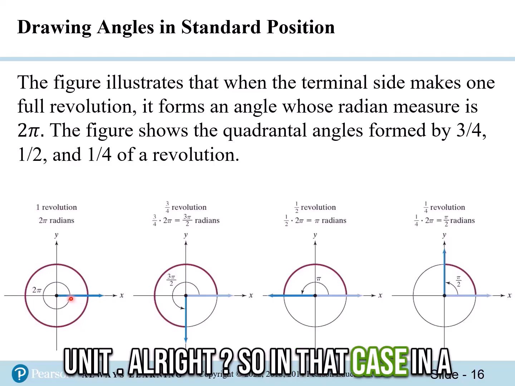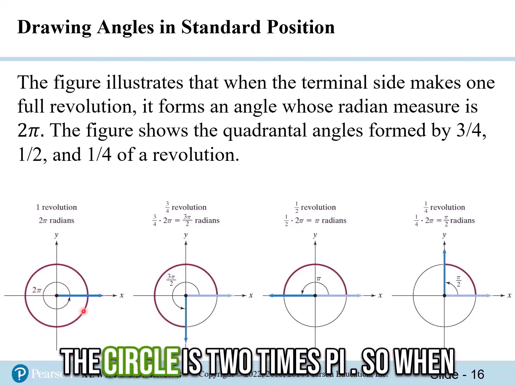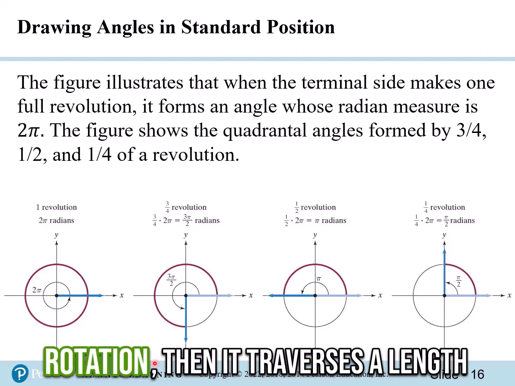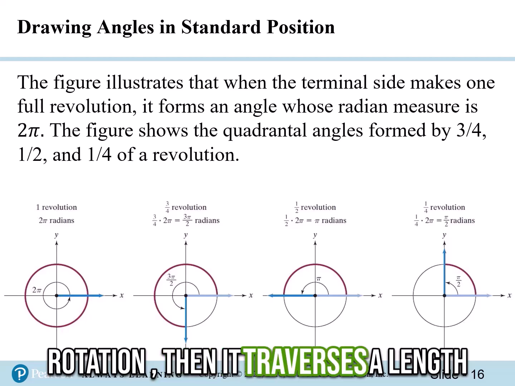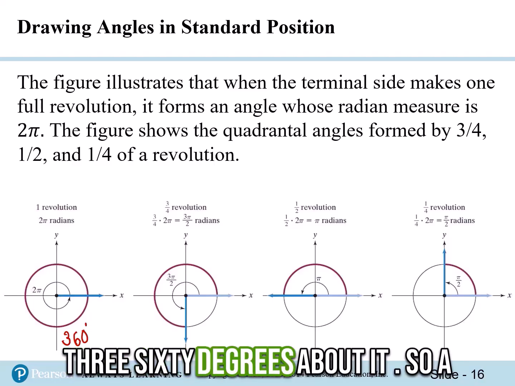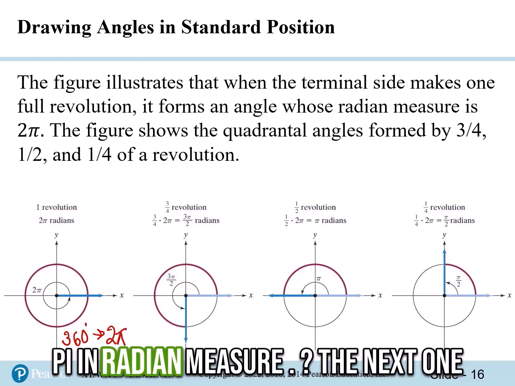Alright, so in that case, in a unit circle, the circumference of the circle is 2 times pi. So when the terminal side makes a complete rotation, then it traverses a length of 2 pi. A circle in degrees has 360 degrees about it. So a 360-degree angle is also 2 pi in radian measure.